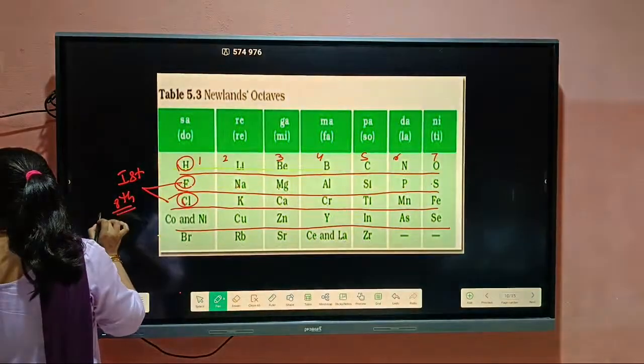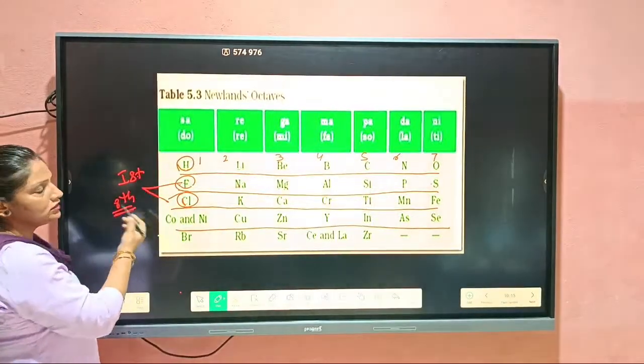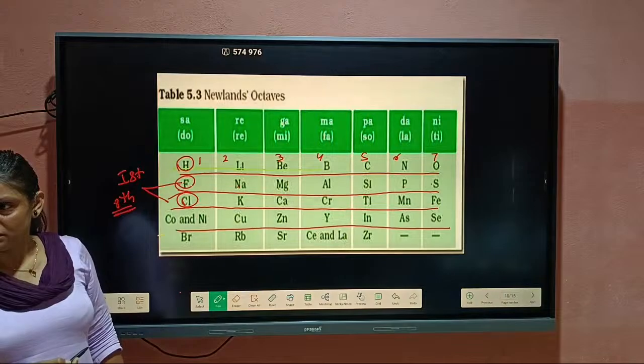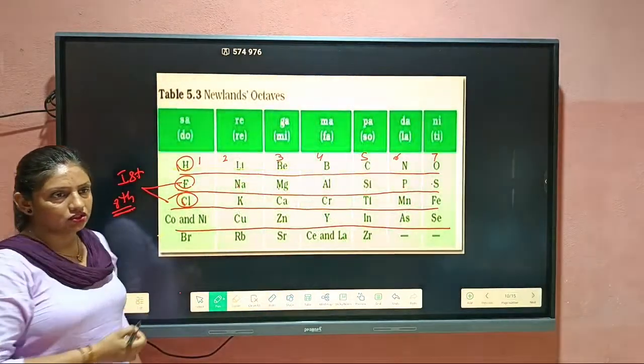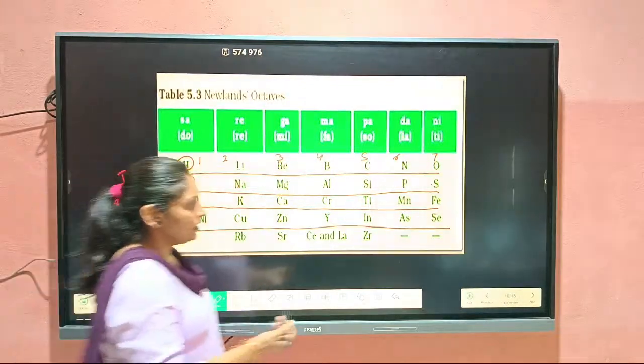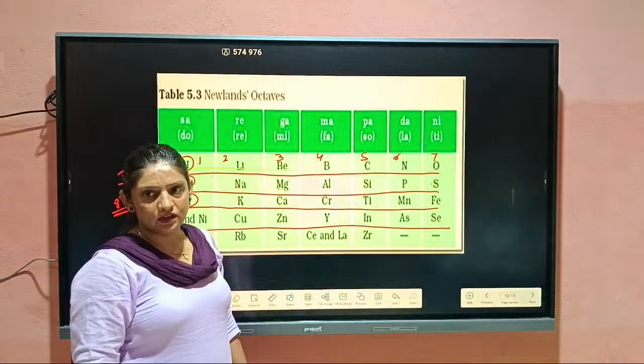So according to this, properties of the first element and the 8th element are similar. This law is clear to you or not? Any doubt in this? Okay. So there were 7 elements in one row.